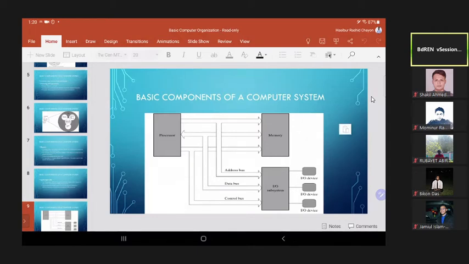So can you remember that relationship between the address bus and the maximum size of the memory? What is the relationship between this address bus and the memory?